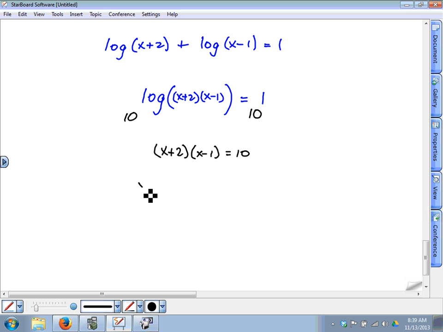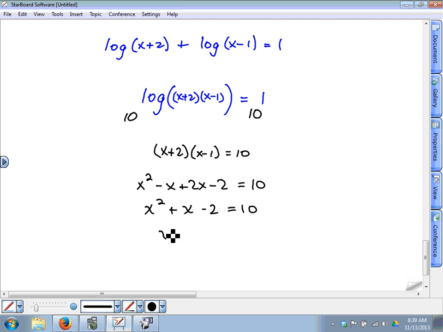Factor or FOIL this together, you're going to get x squared, and then we're going to have minus x plus 2x minus 2 equals 10. That turns into x squared plus x minus 2 equals 10.